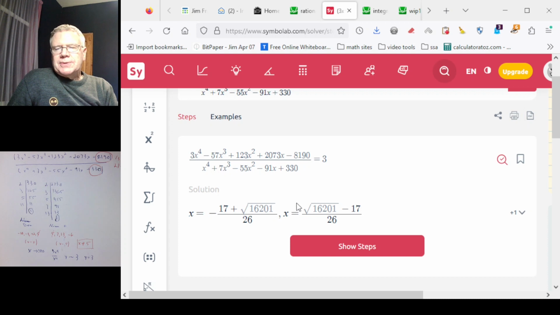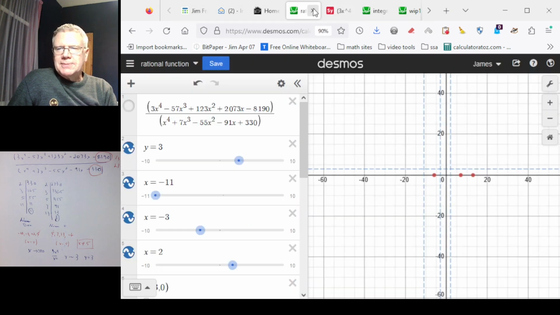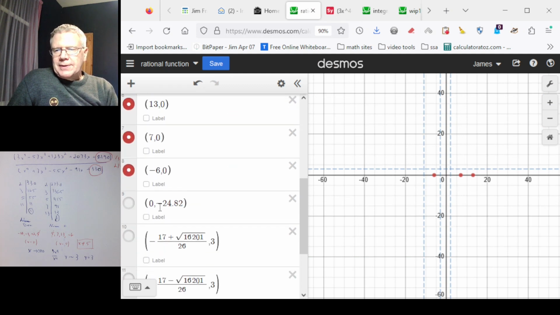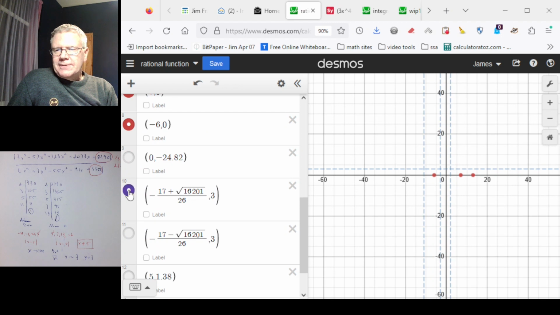There are 2 points where I cross the horizontal asymptote. At these values of x, y is going to equal 3. So this is another often useful thing to do, although sometimes it's more worthwhile than other times. It can sometimes be a little too tedious. So we have these 2 points.